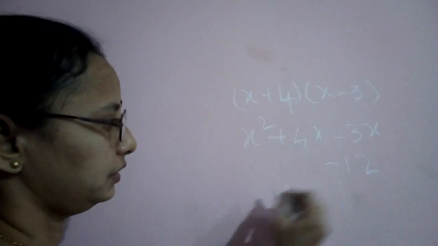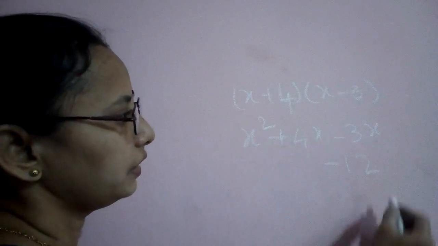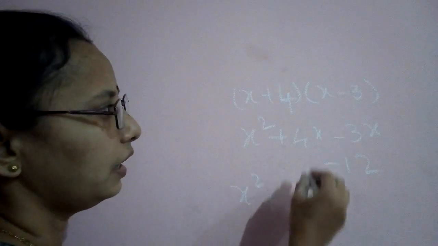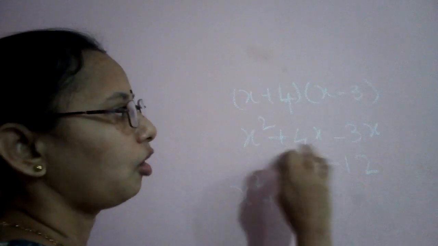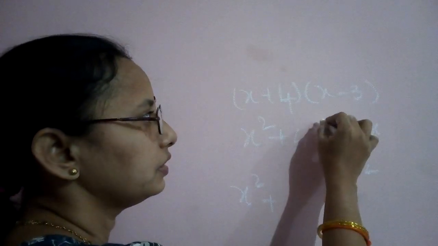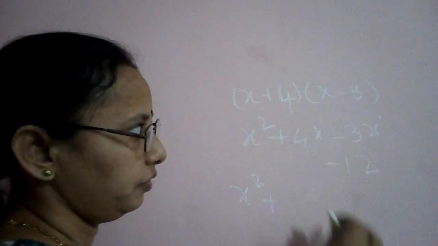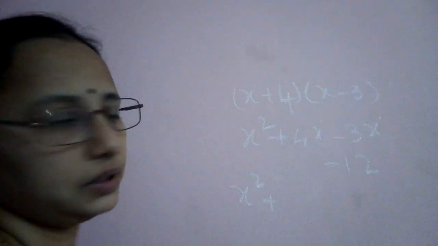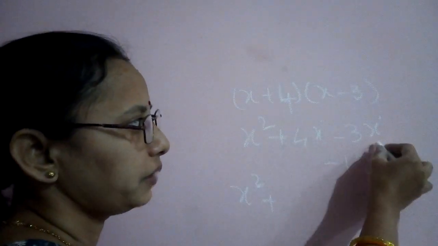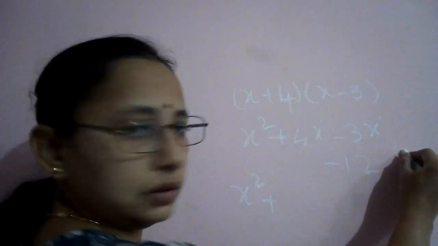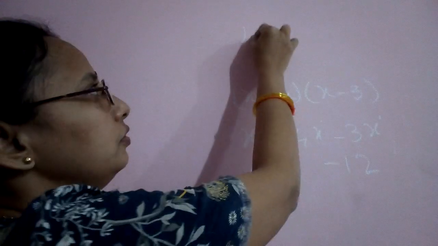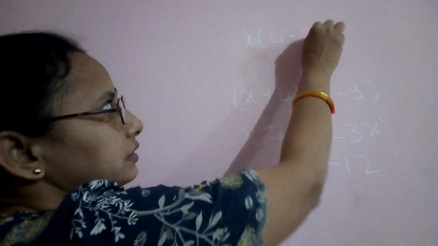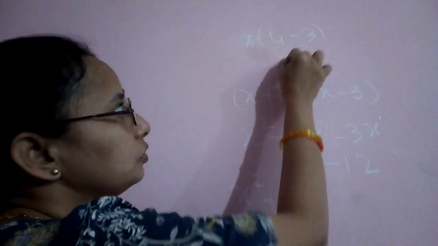So let's simplify this. Here the highest degree of the x variable is x square, and we put it aside, and 4x minus 3x, these are like terms. We have the same degree, x power 1, x power 1. So we can calculate this in two ways, either directly subtracting 4x minus 3x, or taking x outside and calculating 4 minus 3. 4 minus 3 is 1, so x.